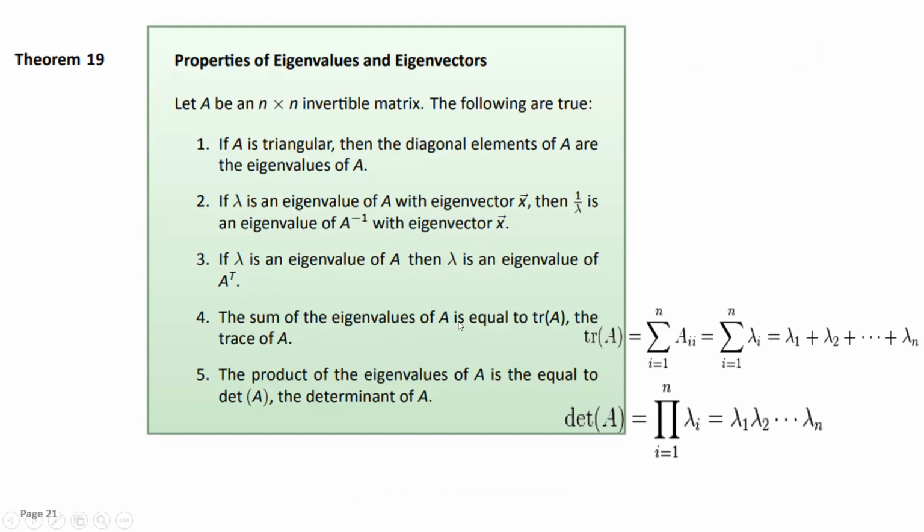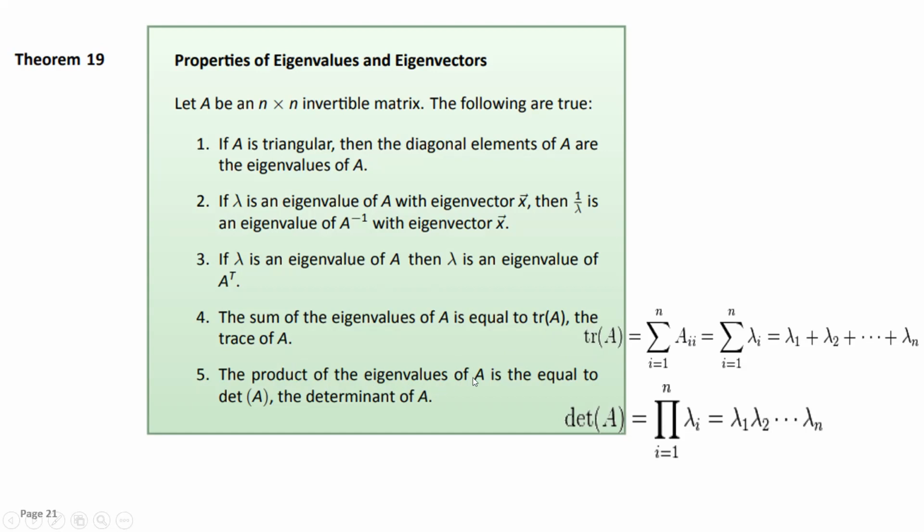The sum of eigenvalues of A is equal to the trace of A. Trace of A is the addition of all the lambdas, or we can calculate it by adding all the diagonal elements of the matrix.